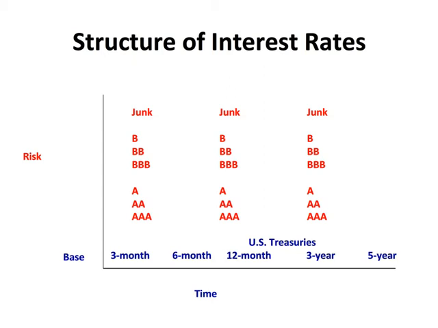I have risk represented here by Moody's bond ratings: AAA, AA, and as you move down that, you increase risk. Triple B, double B, and single B, and then finally junk bonds. So that's what the structure would look like: time on the horizontal axis and risk on the vertical axis.